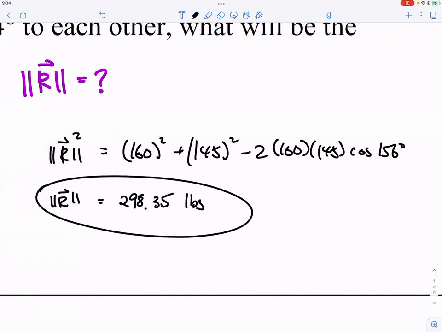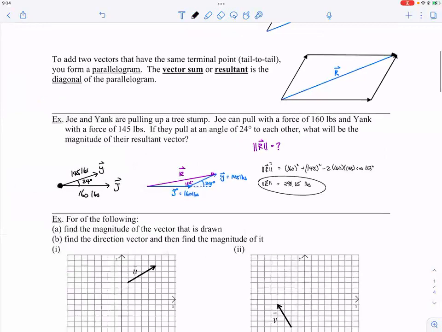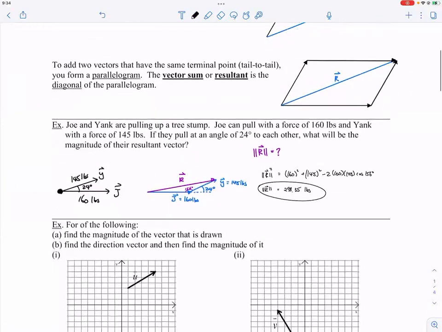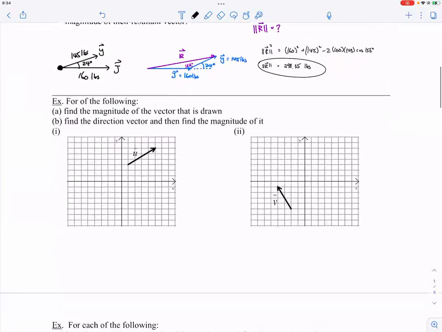Just one? Wow. Well, then make sure that you don't forget about the law of sine or law of cosine. It would be very helpful for you to find these resultant vectors.